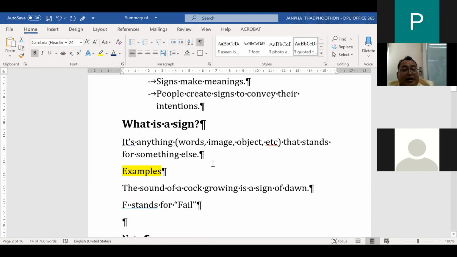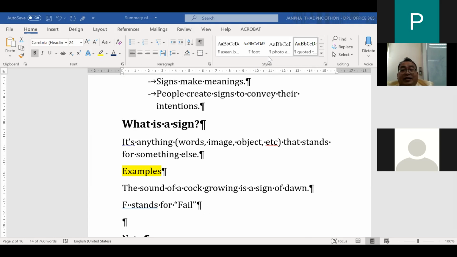so we have been looking at the meaning of sign. What is the sign? A sign can be anything. It can be a word, like the word Janpha. It can be an image, like my image. It can be an object, a thing. It can even be your imagination.